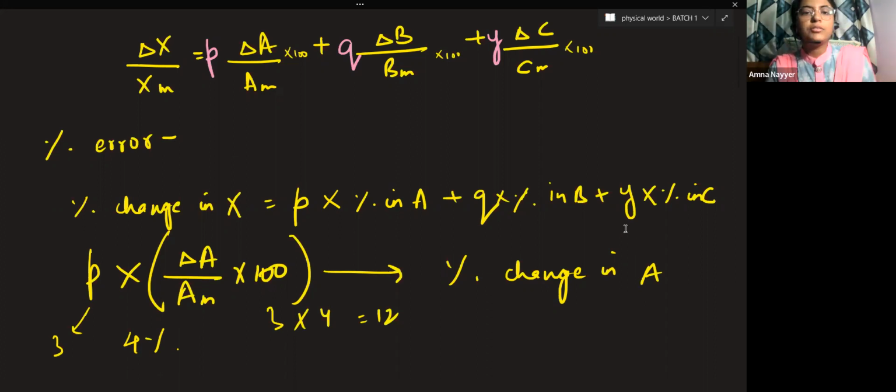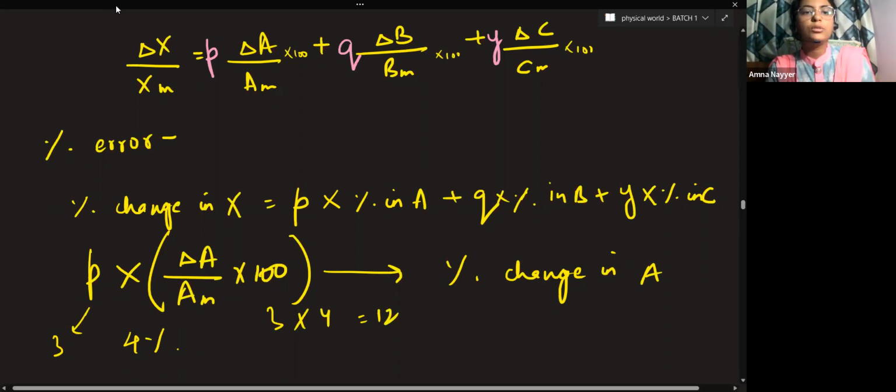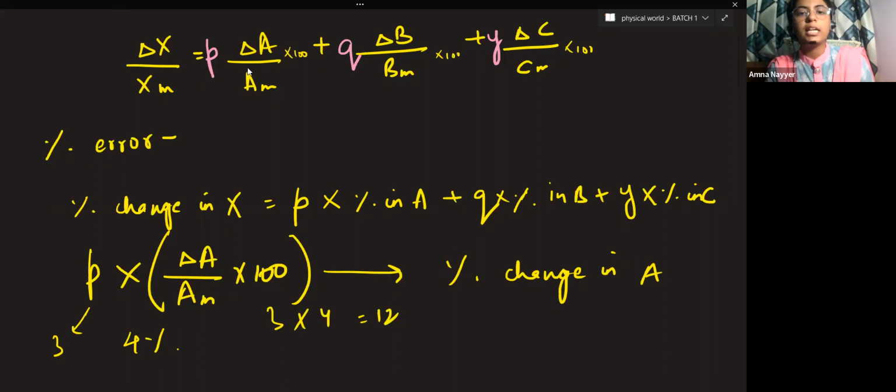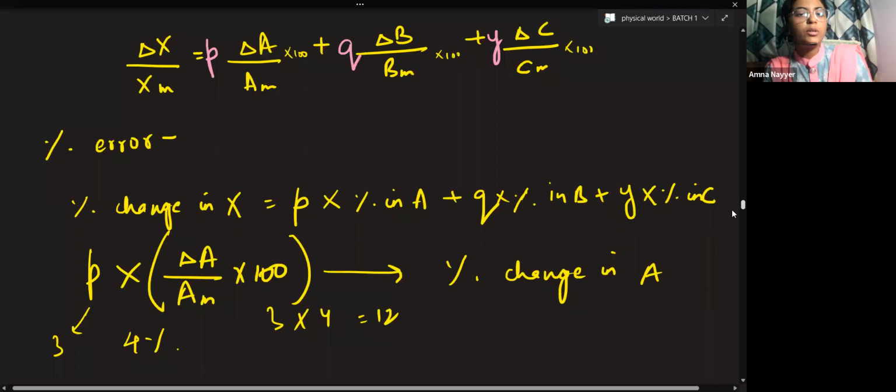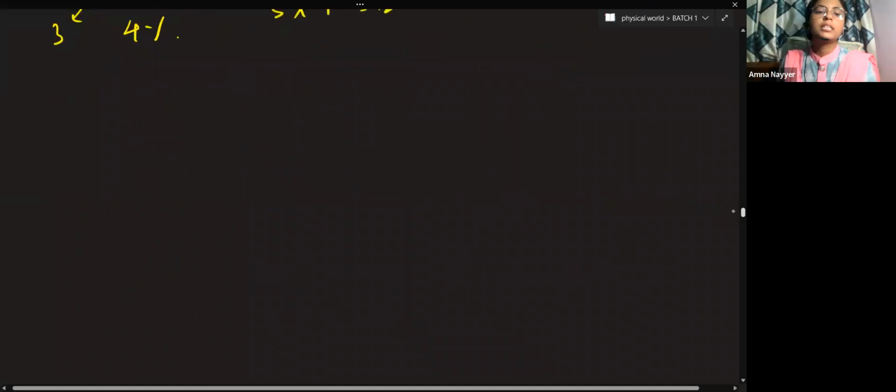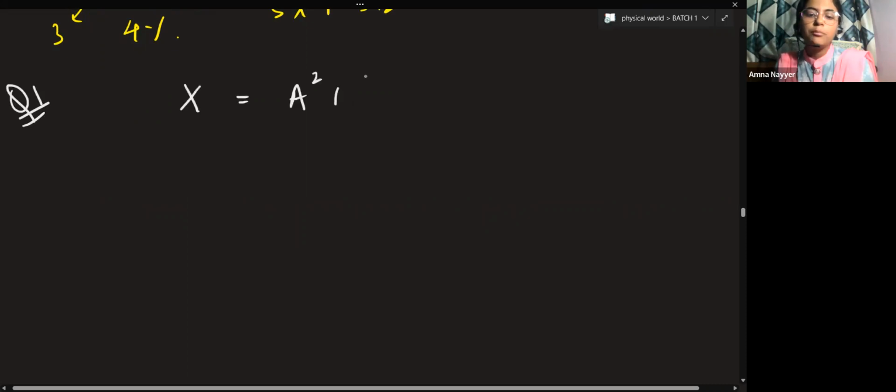Let's do an example first. Let's do a question, then only this part will get clear. And wherever you're not able to understand, just ask me. See, if I give you a question, x is equal to a to the power 2, b to the power 3, c to the power half, d to the power 1 by 3.